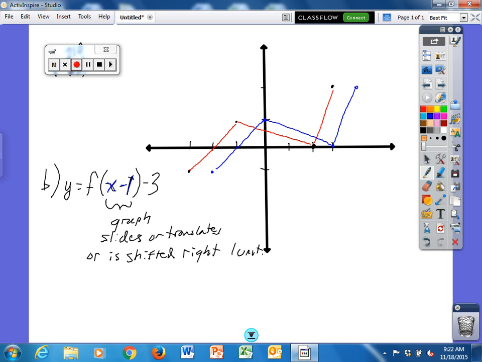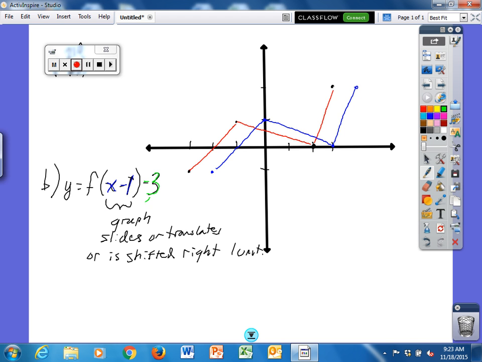Then for the second part of the problem, the minus 3, that's on the outside of the function. This minus 3 has a vertical effect. So the minus 3 takes the blue and moves it down 3 units. It's like you're taking this entire thing and subtracting 3 from every single point so that it all just moves straight down 3 units.